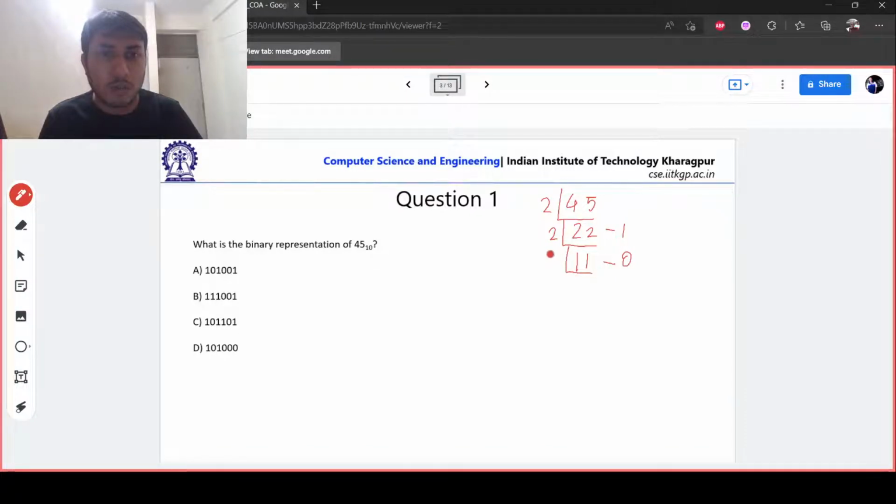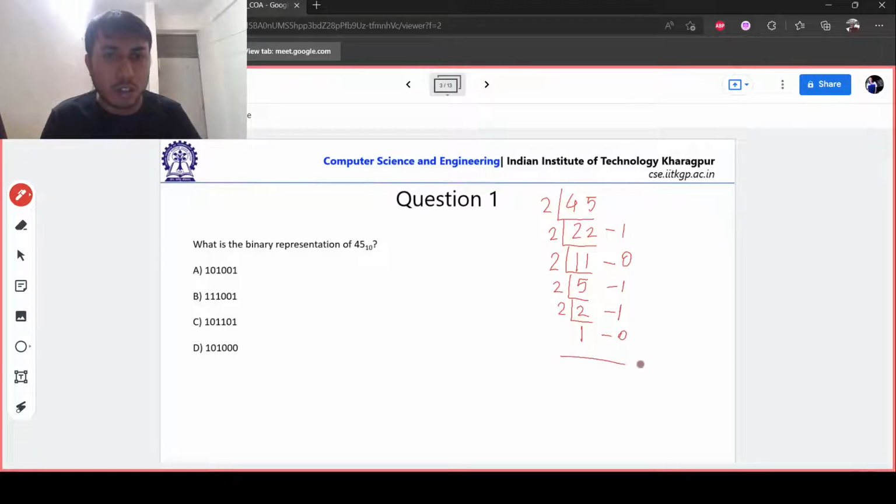We'll again do the same for 11. The quotient will be 5 and the remainder will be 1. Then we will divide 5 by 2. The quotient will be 2 and the remainder will be 1. We will do the same for 2 and finally the quotient will be 1, the remainder will be 0.